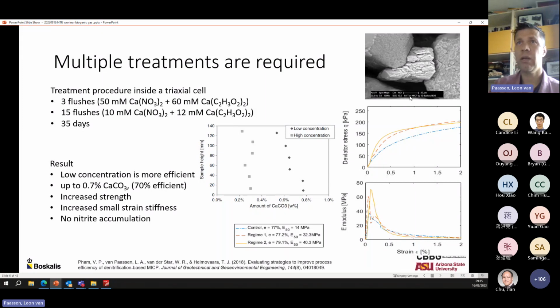And looking at the sample of the ascent column, we actually found very large calcite crystals, well, very large, 30 micron, but about the same size as the grains, or slightly smaller size than the actual sand grains it was filling in. On the other hand, you see very little calcium carbonate crystals as compared to other processes like urea hydrolysis, which are much faster.